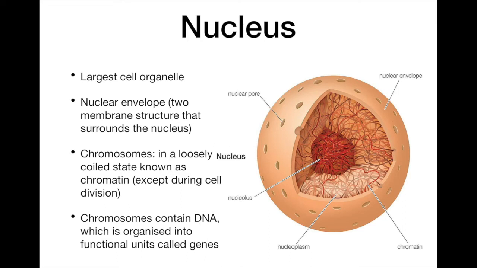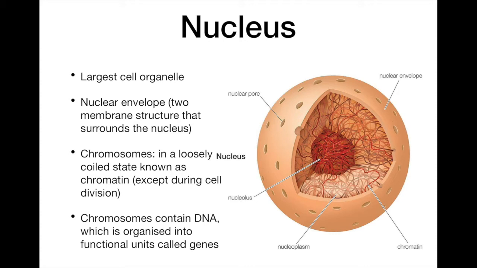For now, know that the nucleus contains the DNA, the genetic material of the cell. Chromosomes contain DNA, which is organized into functional units called genes. We'll see later that genes control the activities of the cell and inheritance. Thus, the nucleus controls the cell's activities. When a cell is about to divide, the nucleus divides first, so that each new cell will have its own nucleus.